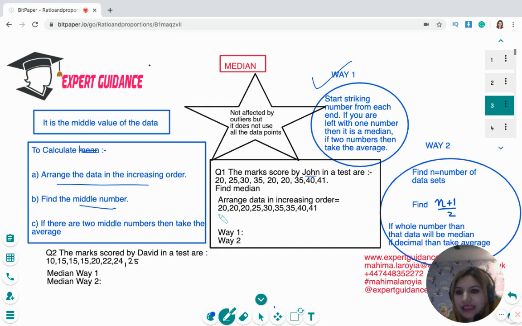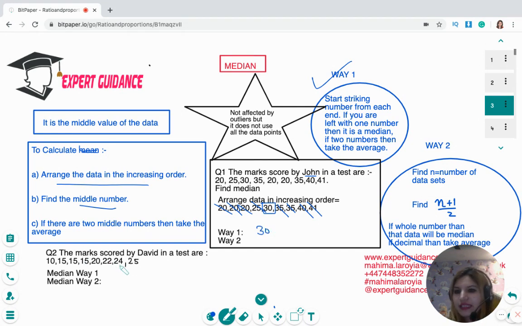First, I have arranged the data in increasing order and now I'll start striking from each end. This is a pair. This is another. This is next. This is next. So I'm left with one single number, which is 30. So 30 is the median of this data.